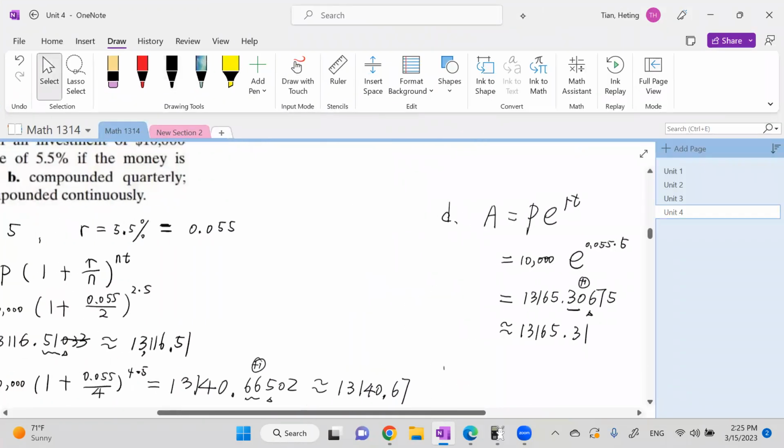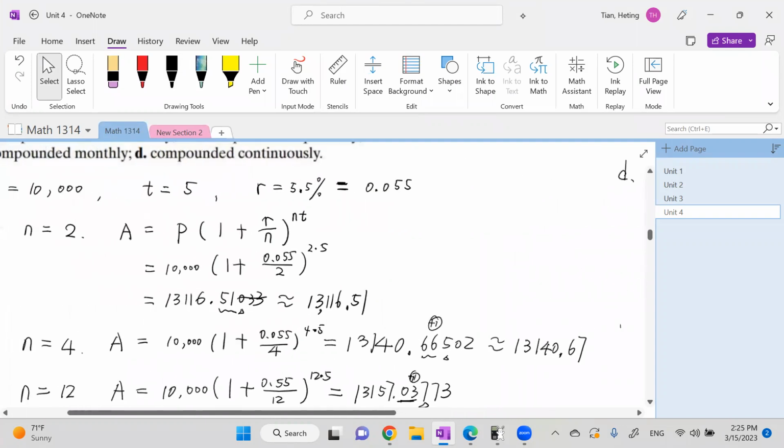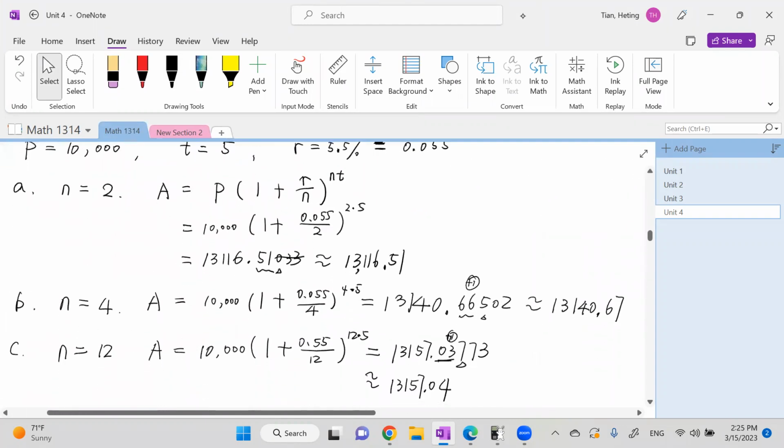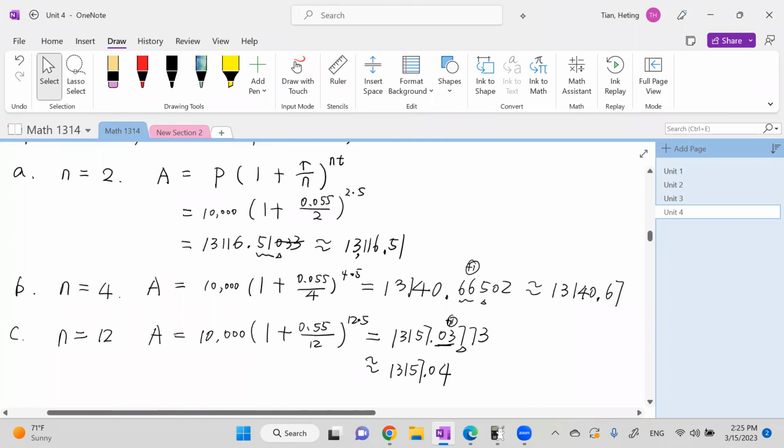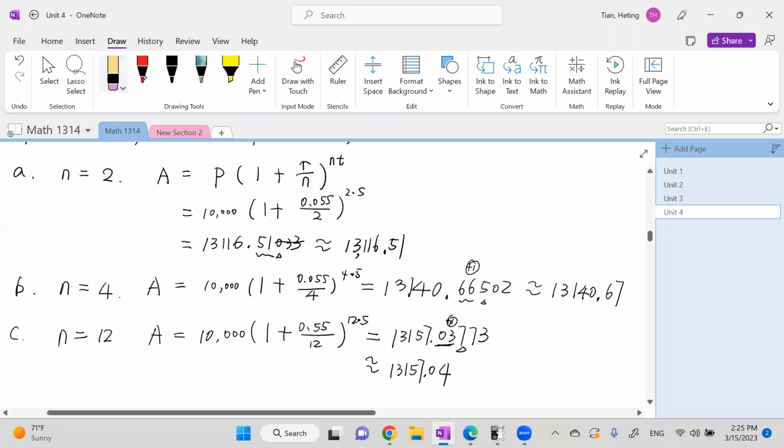All right. You see, we found all the future values for the different compounding. If n is 2, we have this amount of money. If we have 4, we have this amount of money. You see, the money is increasing.